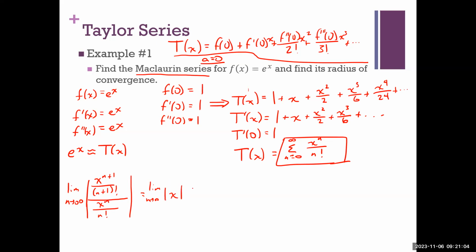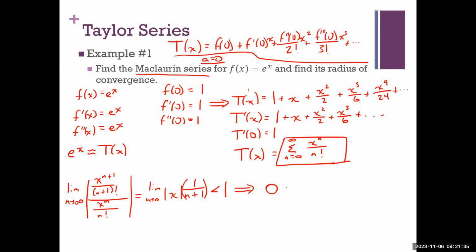What happens with the factorials? I believe this is what remains, right? So I want to know where this converges, so I'm going to force it to be less than 1. So what is the limit of 1 over n plus 1 as n gets very, very big? 0.